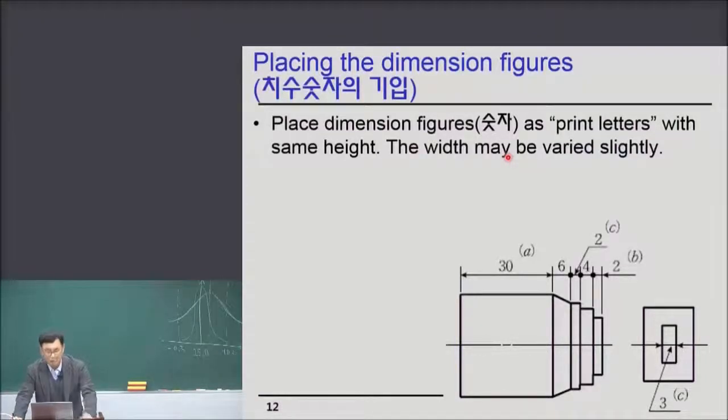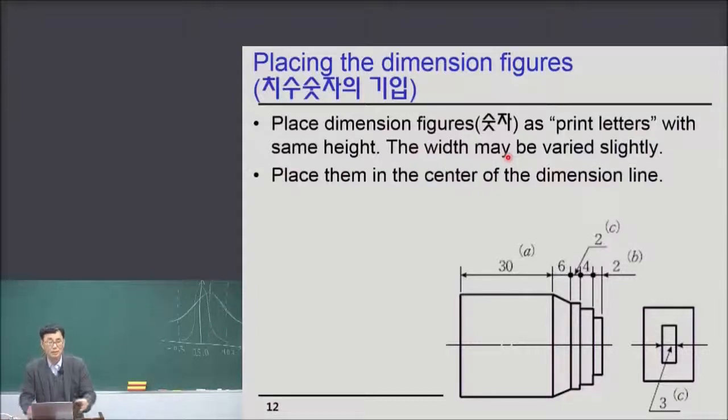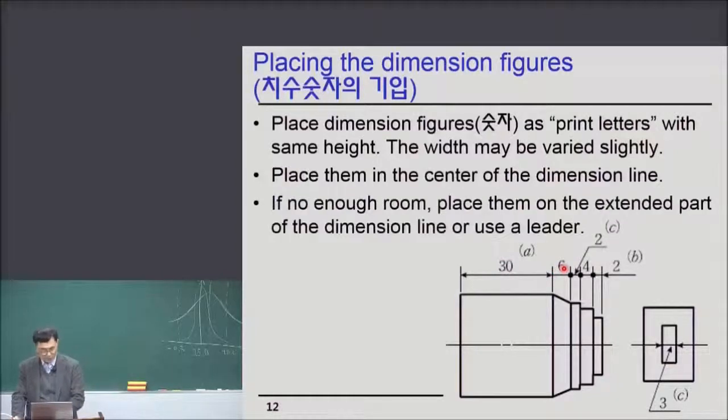But even in that case, you should obey the principles of placing the dimension figures. So, for example, place them in the center of the dimension line. So dimension 30 is in the center of the dimension line, slightly above the dimension line, 36, right? Place them in the center of the dimension line.